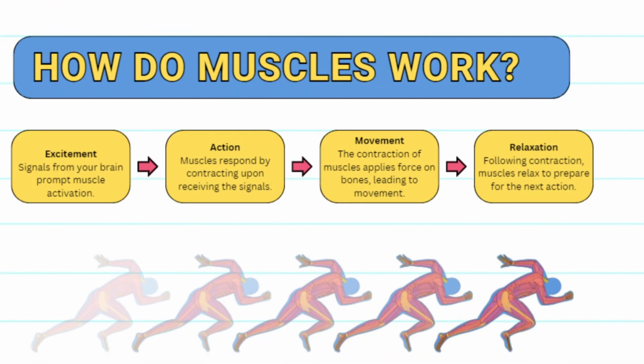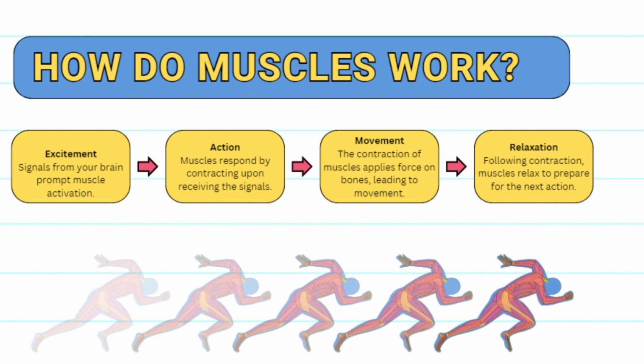Before we get further into how muscles contract, I just want to give an overview of how they work. There are mainly four simple steps. First, excitement: we think of something, motor neurons send the signals, be it through the autonomic nervous system or consciously by our brain.